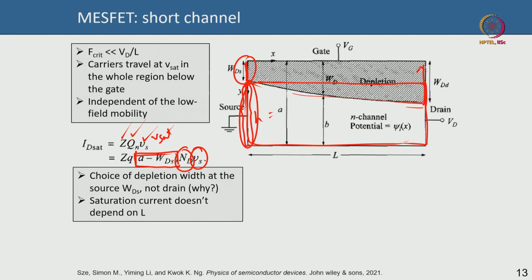There is something called a dipole layer formation that I am not going to discuss in this course per se. If you remember, in the drain side of the channel the depletion goes like that and there is a small pinch off happening here, a small channel that opens here. Locally, your carrier density in a spot near that can actually become higher than the background doping that you are giving.